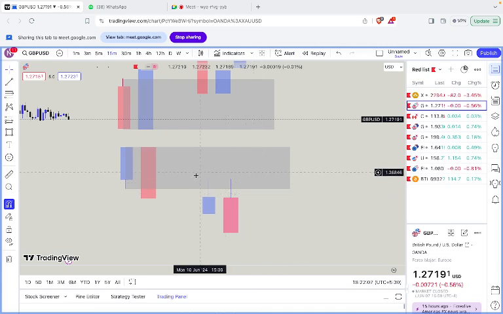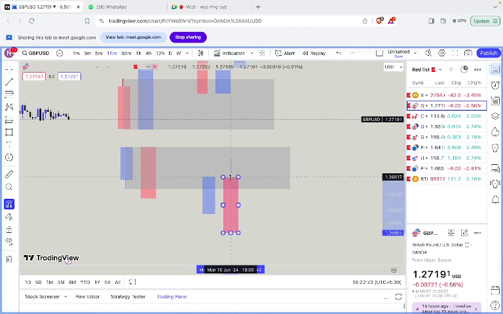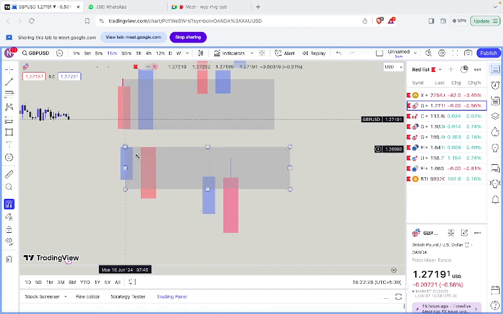But basically, these types of setups are risky, so better avoid them. Only when the bodies of both candles are within the engulfing sell or buy zone will it be considered valid. Now you see both the candles are touching the zone bodies, so now we can call it valid.